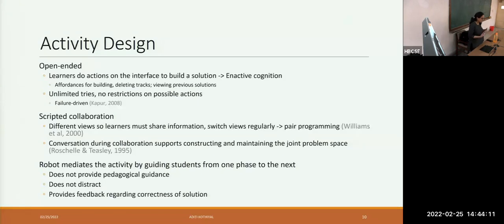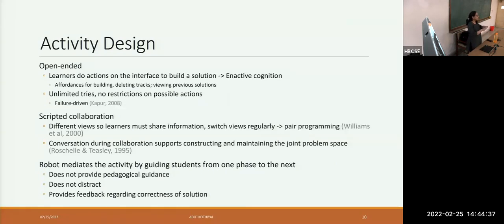So we just give them a lot of affordances on this interface, and so they can interact in any way that they like. We scripted the collaboration for a purpose: to allow even participation and to make sure that they talk to each other and share information, because we know that conversation during collaboration is useful. And the robot is just mediating by guiding them from one activity to the next.